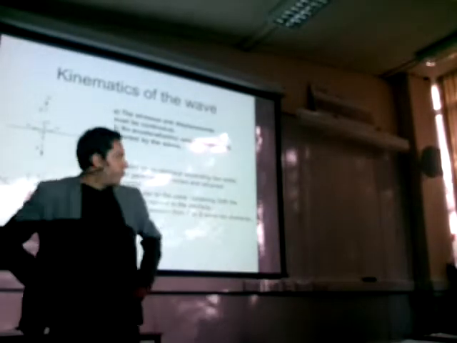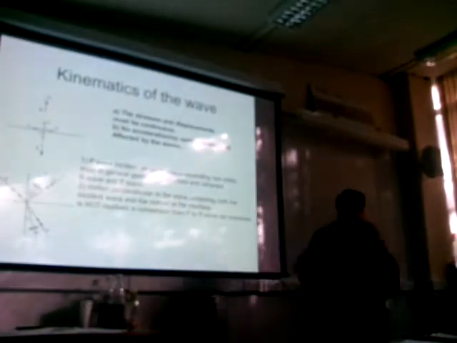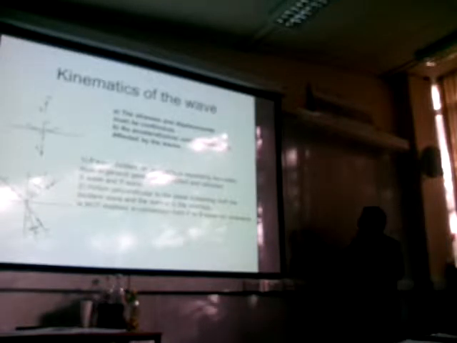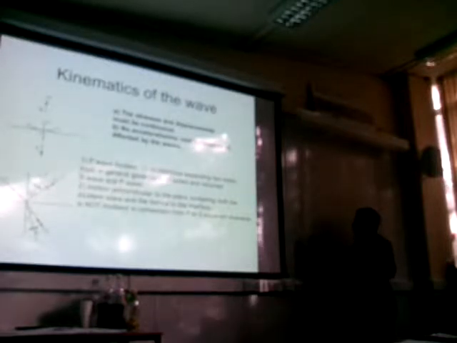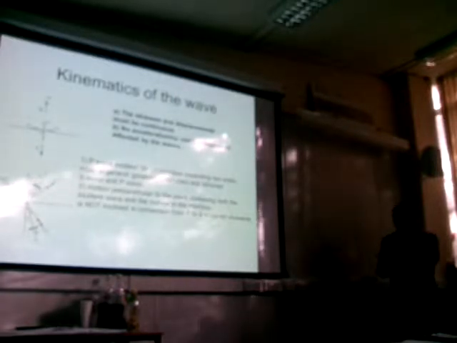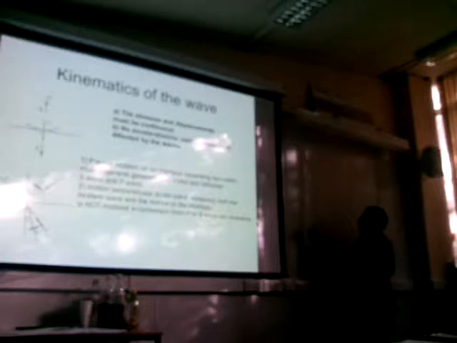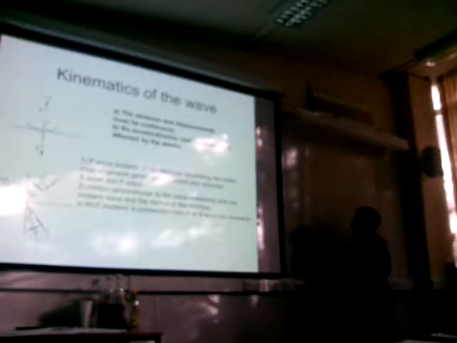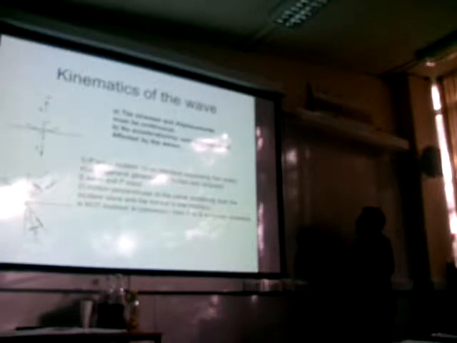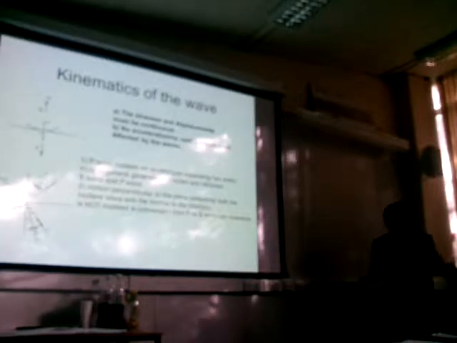If I ask you to estimate the angle you expect in order to have reflection at an object that is 1 kilometer like that and 25 meters like that, this is 25 meters, this is 1 kilometer. Do you have an idea how we can calculate the angle?